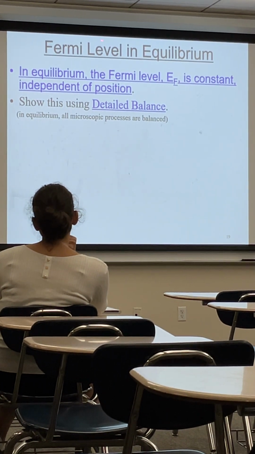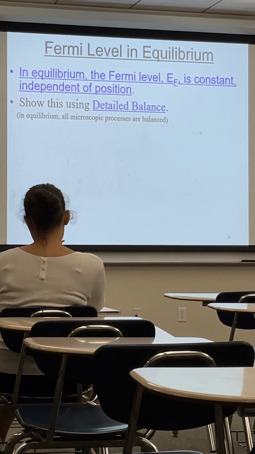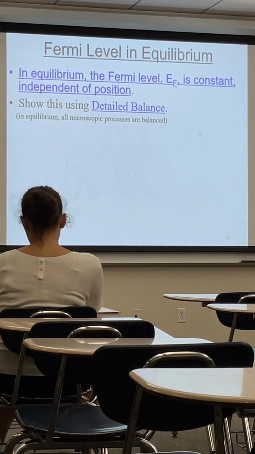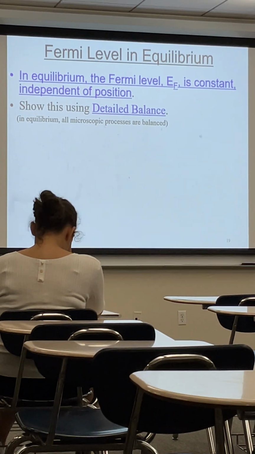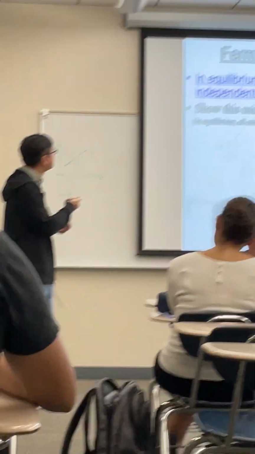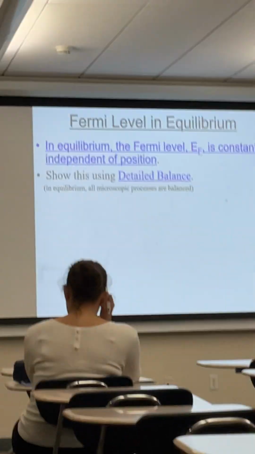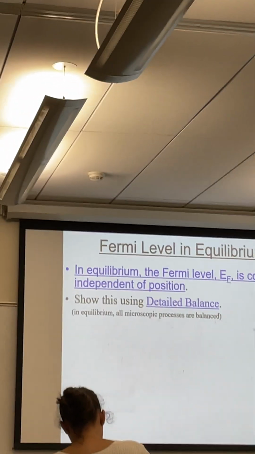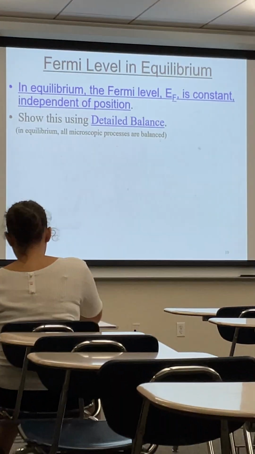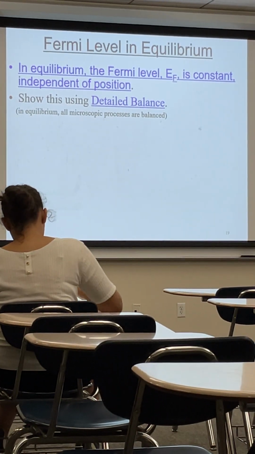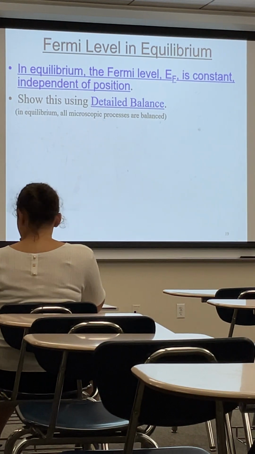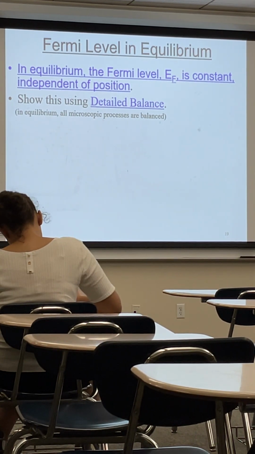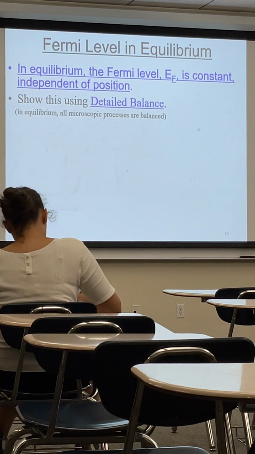Right, so now let's move on to the Fermi level in equilibrium. So in equilibrium, the Fermi level is constant and independent of position. Remember the definition of the Fermi level: when we think about the Fermi function, if the energy of the electron is the same as the Fermi level, what's the value of the Fermi function?